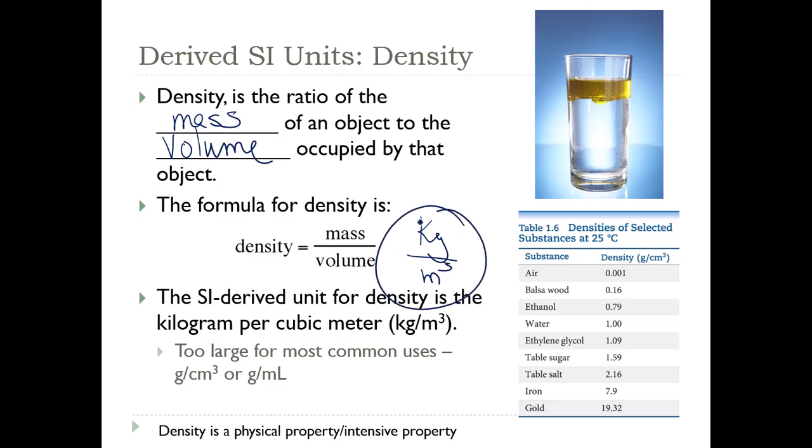It's the SI derived unit, which is often too large, so we use grams per cm cubed, which is the same as grams per milliliter, because remember 1 cm cubed is equal to 1 ml. Density is a physical property, so think about what that means, and density is also an intensive property, so think about what that means. We discussed what we mean by physical properties and the difference between intensive versus extensive properties.